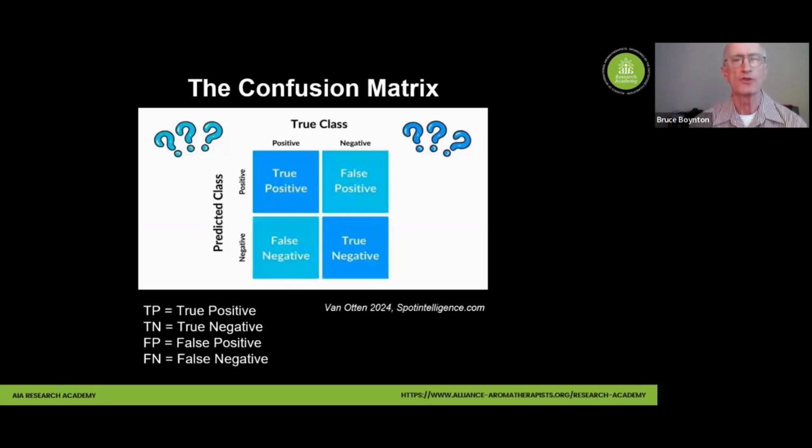Okay, this is the confusion matrix. It's 2 by 2, so there's 2 rows and 2 columns. And at the top, it's labeled true class. Well, what's true class? It could mean whether you do or do not have a disease, or whether you can or cannot identify a particular fruit, or whether you can or cannot smell a certain aroma.